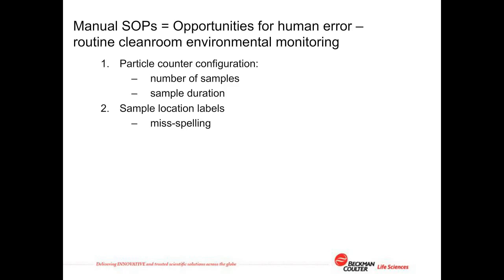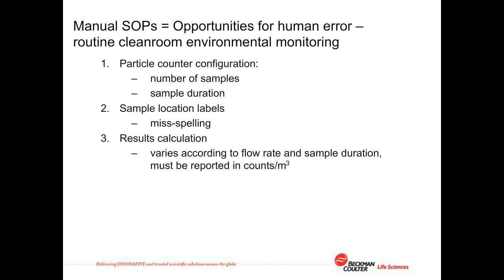And if you think about it, there's typically thousands of data points taken for these particle counters on the average pharmaceutical site. I was with one facility on the east coast of the USA, and the manager there was telling me they had approximately 10,000 samples that they took on their site every month. So if you're manually typing the location name in and manually configuring the counter, it's a massive opportunity for human error.